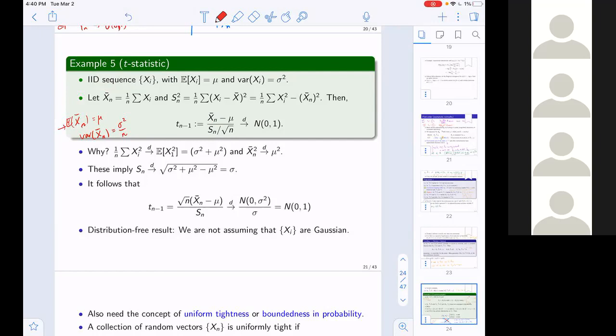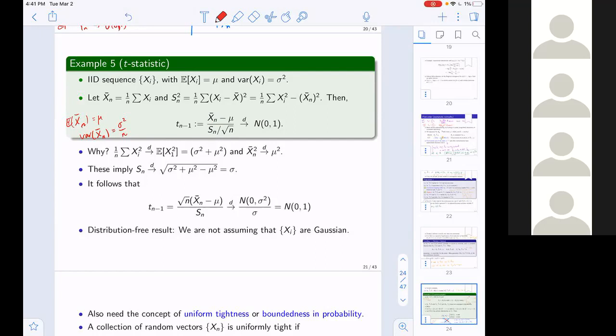So the only thing I'm assuming is that the sequence is IID, with the same distribution for every element, and finite second moments. The result is that I can use the previous properties to conclude that this T statistic in fact converges in distribution to a standard normal. This is also true if you work with the t distribution: as n goes to infinity, the degrees of freedom go to infinity, and it converges to a standard normal distribution.